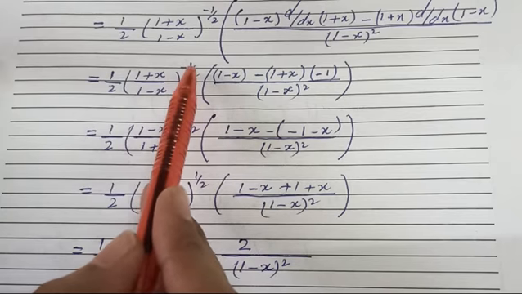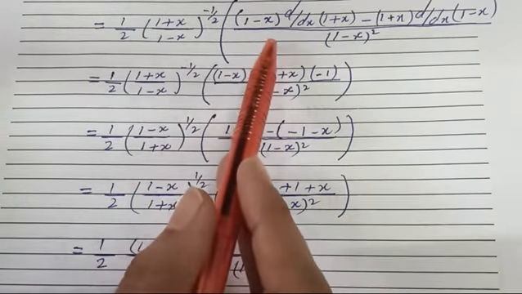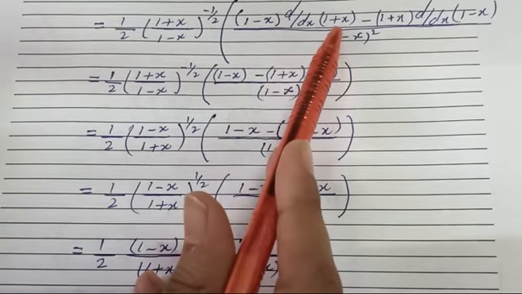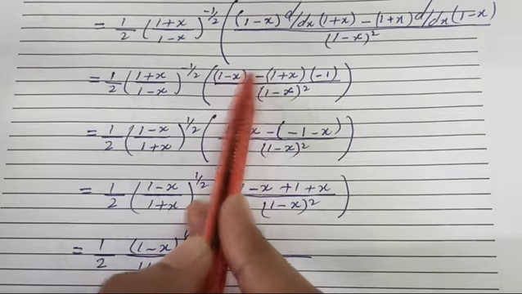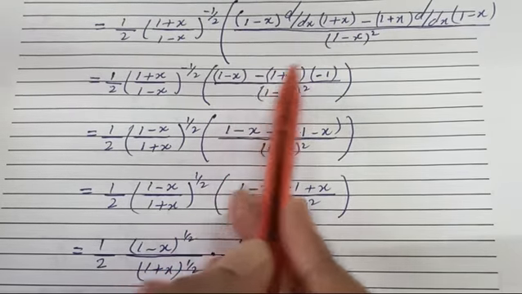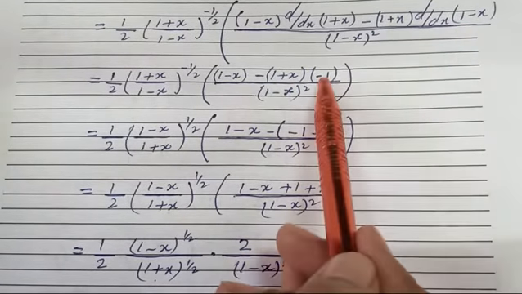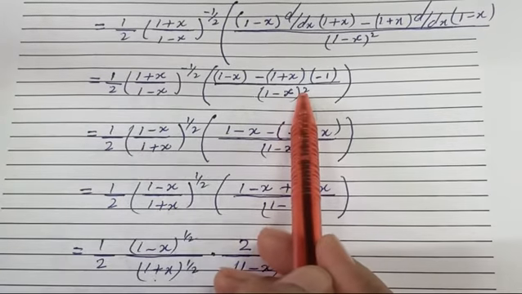The power minus 1 by 2 becomes plus 1 by 2. And this term 1 minus x as it is, the derivative of 1 plus x is 1, so I have not written 1 here. Minus sign as it is, 1 plus x written here, while the derivative of 1 minus x is minus 1, and this is divided by 1 minus x whole square.